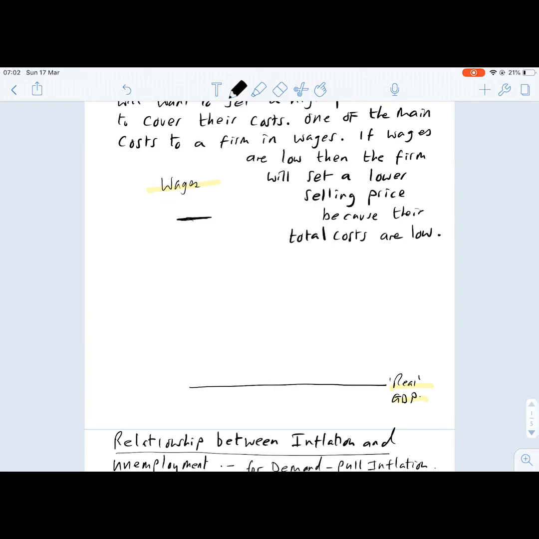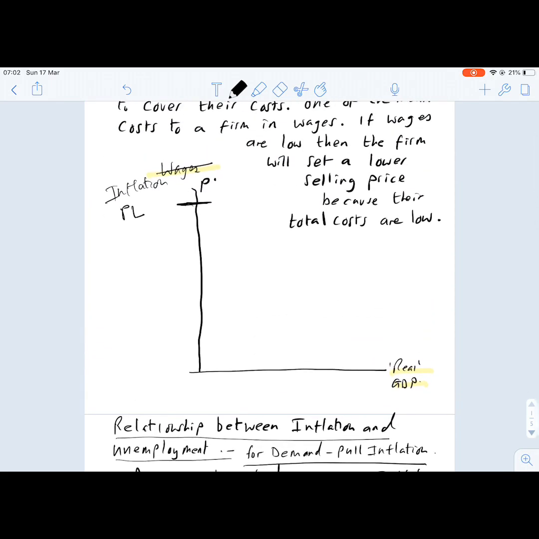So this axis that we've labelled wages, we can actually change to inflation, which we call price levels. So that's why this axis in the ADAS diagram is labelled price levels. But remember the strong link between price levels, inflation and wages.